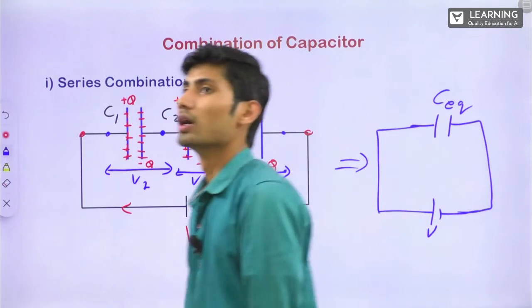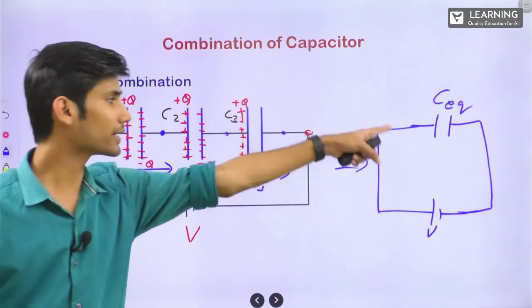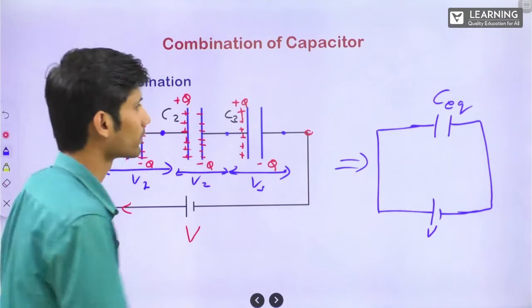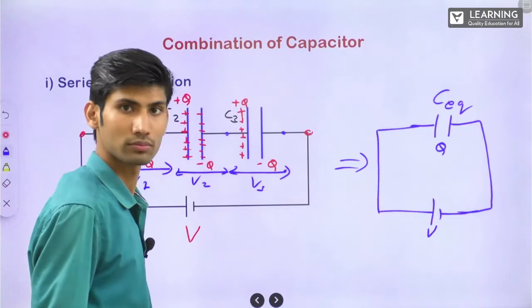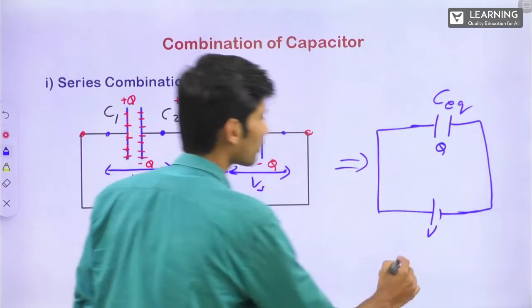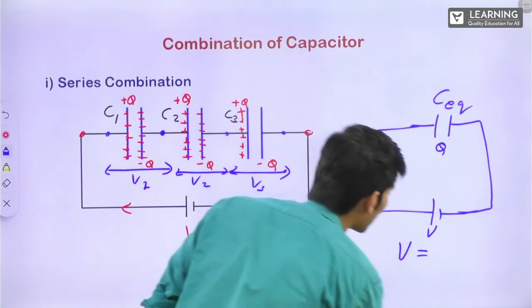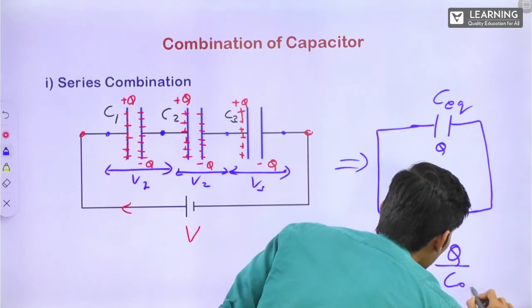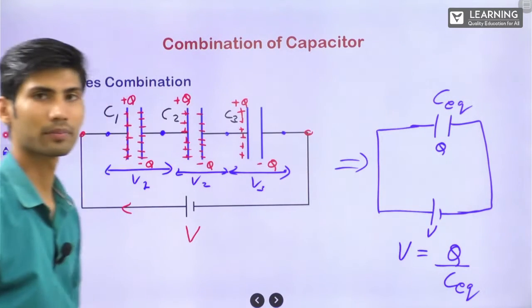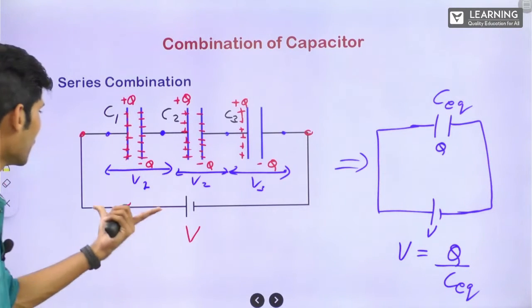So now, here, if I want to write the value of the C equivalent, now the charge is Q obviously. Q is equal to CV. So V will be equal to Q by C equivalent. Correct? Here.